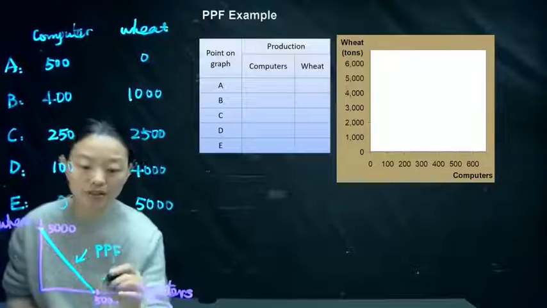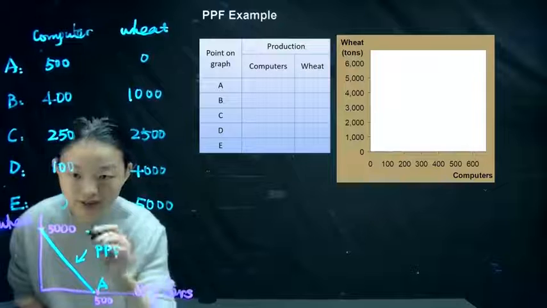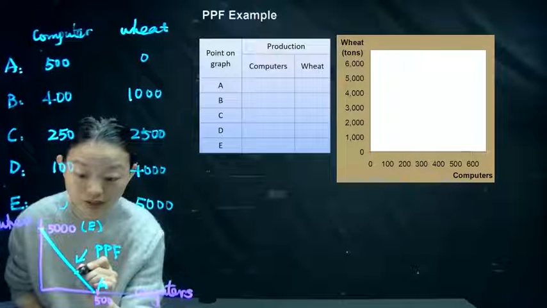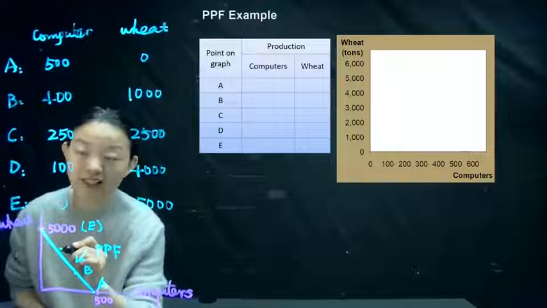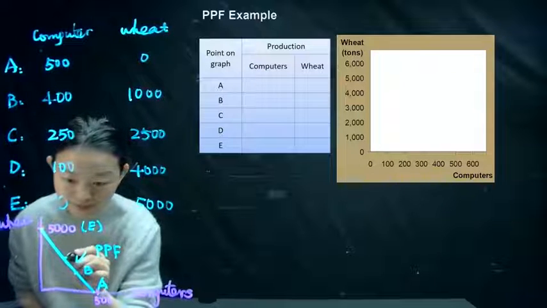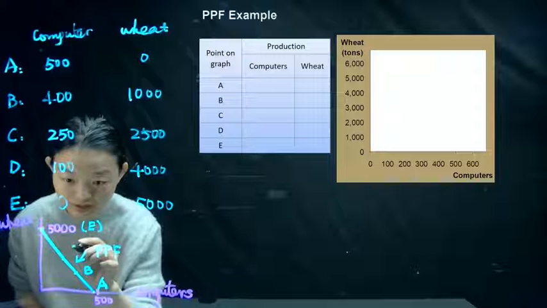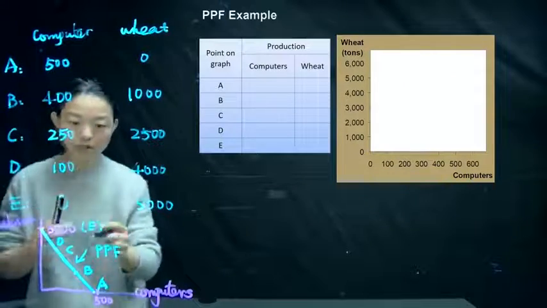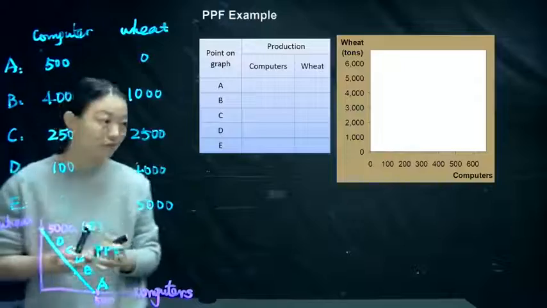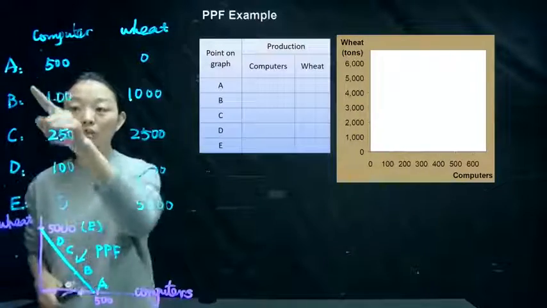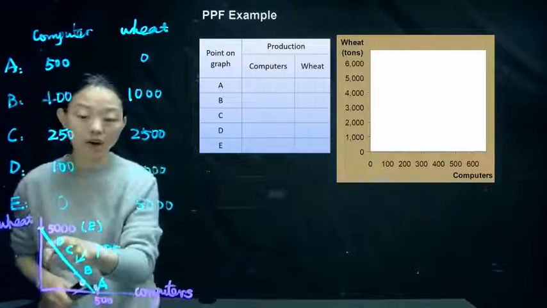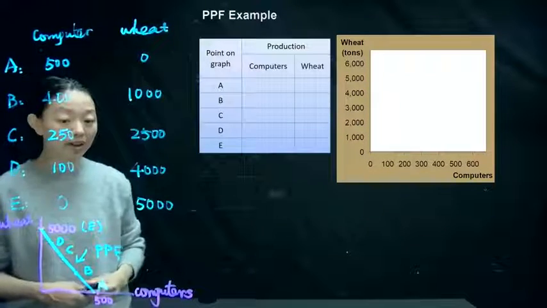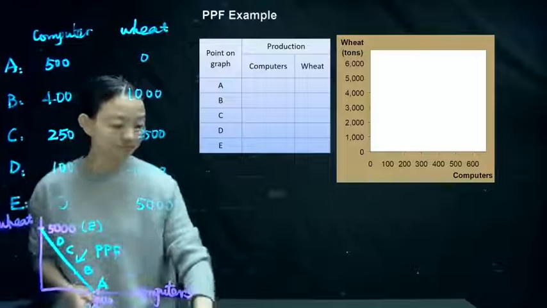This will be point A, and this is point E. You can also mark points B, C, D on this PPF. So you can see all those combinations on this PPF. Understand? So this is the way that you can draw a PPF.